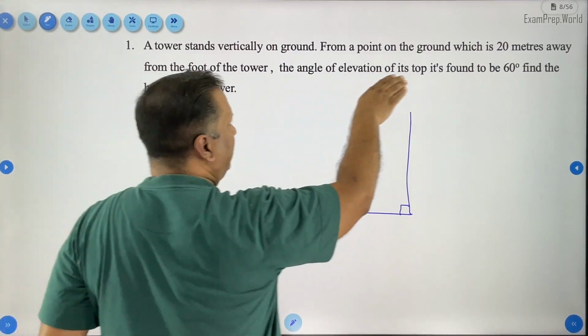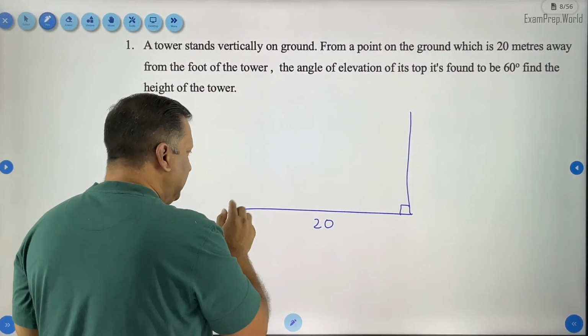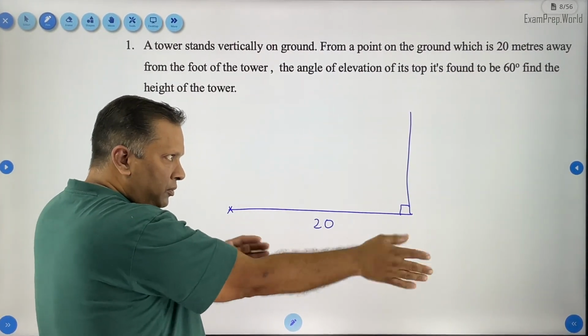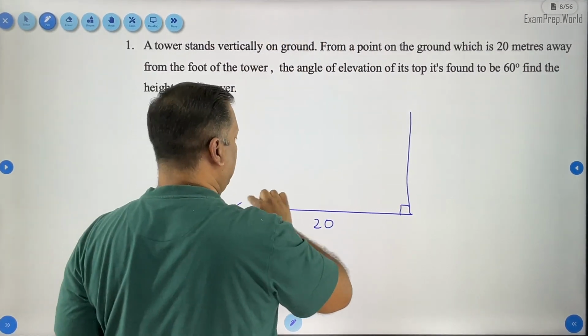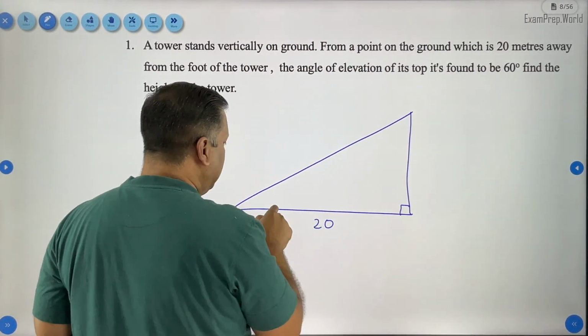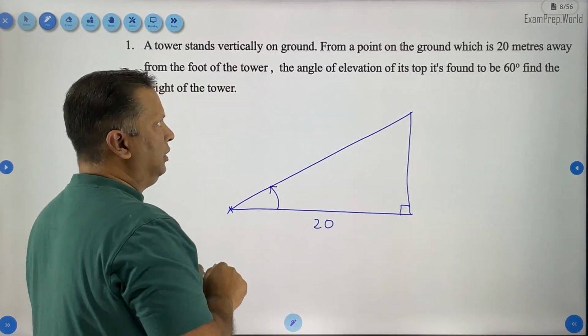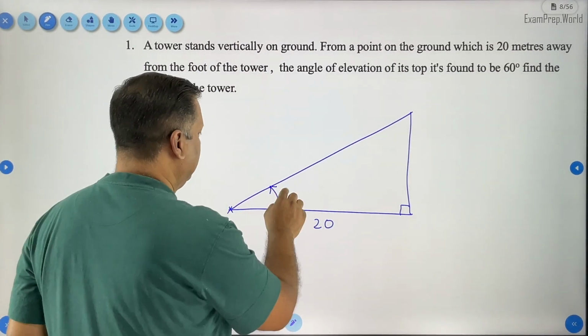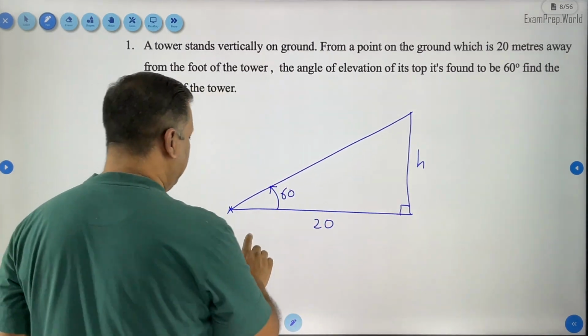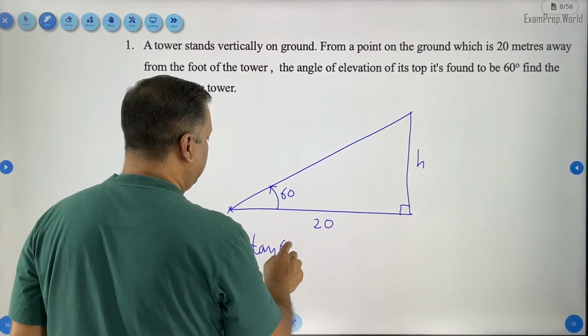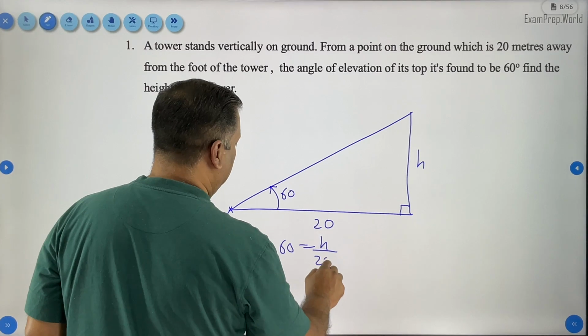And angle of elevation to its top. That means angle of elevation means this angle. Elevation means height. So you have to join this one and mark this angle as 60 degrees. They are asking the height of the tower. Once again, you have the same thing. So you will write tan 60 equals h over 20.